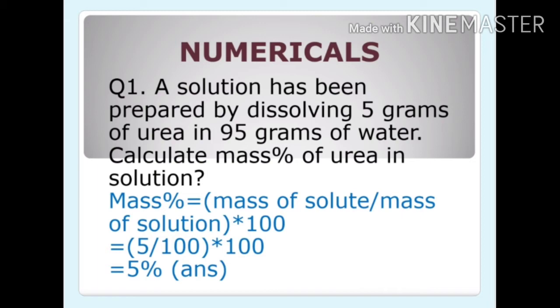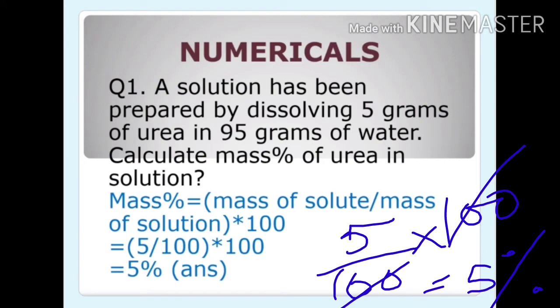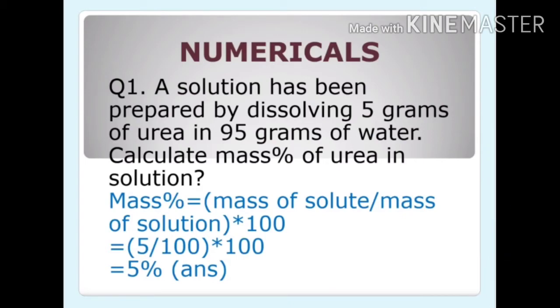That means mass of solution क्या होगा, 100. So if we put these values in the formula, it will be 5 upon 100 into 100, 5 grams urea है तो mass of solute 5 हो गया upon mass of solution 100. जब हम इसको solve करेंगे तो क्या आएगा, 5%. That means mass percent of urea is equal to 5%.